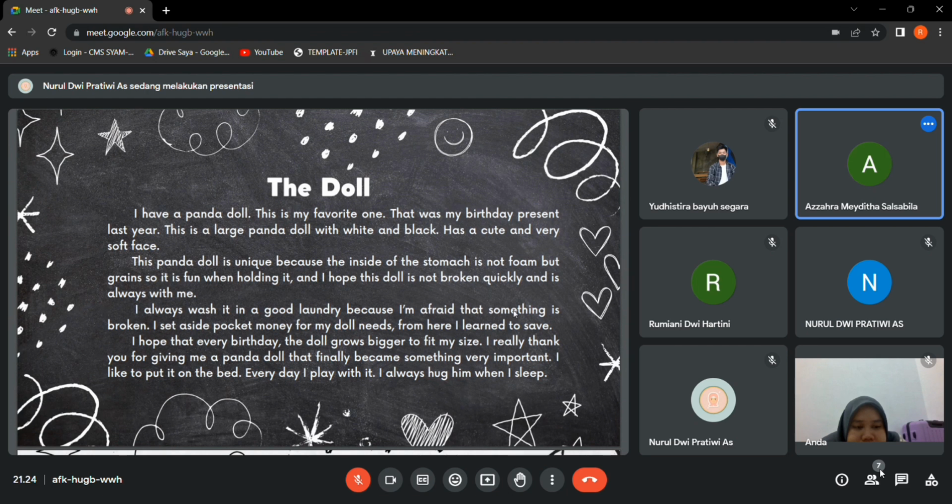So I think you guys already understand the generic structure and the linguistic features of descriptive text. So now let me move to the last example of descriptive text.